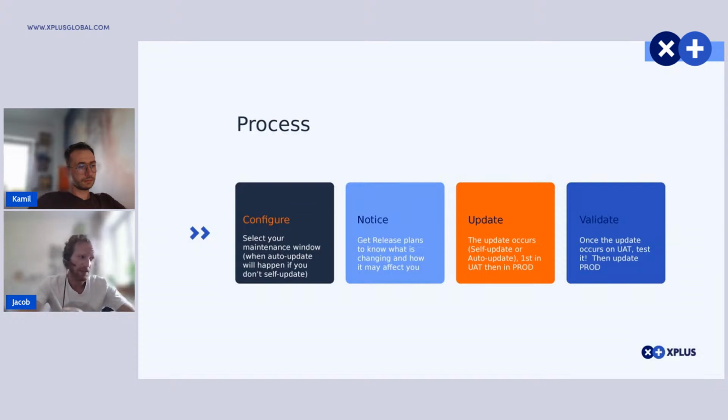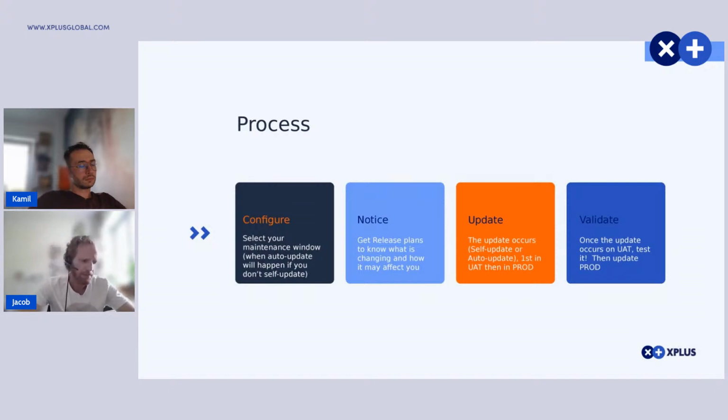Next, quite important as far as planning goes, is the notice. This is when you get the release plans, and that lets you know what's changing. And so then you're able to take a look at that and see how it might affect your business. And as we all know, planning is critical for any kind of IT work that we're going through, especially with updates. The third thing then is the update, and this is exactly as it sounds. You do the update, whether it's self update or auto update.